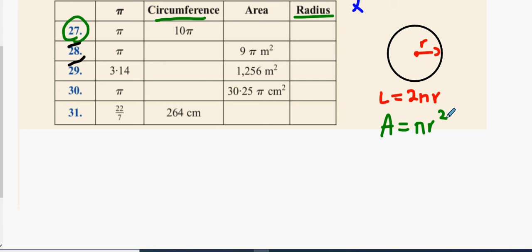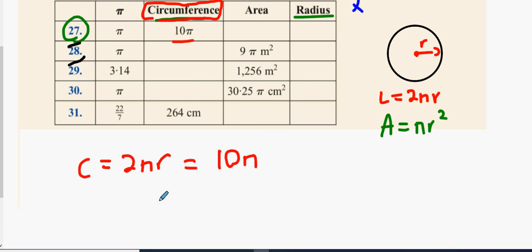Okay. Next thing. Which formula are you told to use? Circumference, and what's the circumference? So the circumference formula is 2 pi r, and the answer is 10 pi. What's the radius value? Cancel pi on both sides.